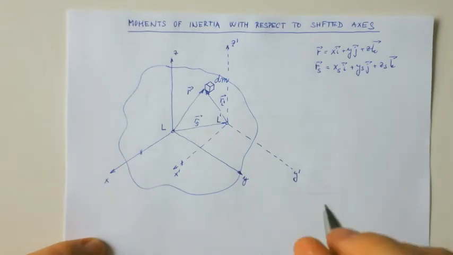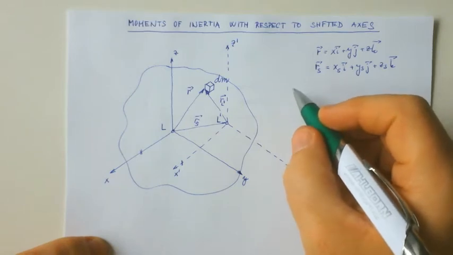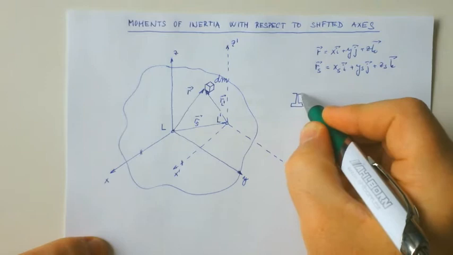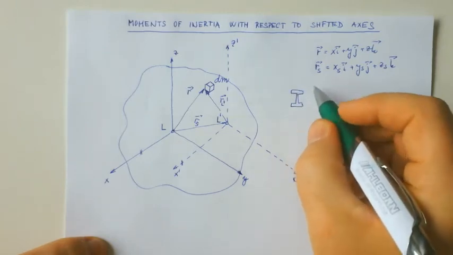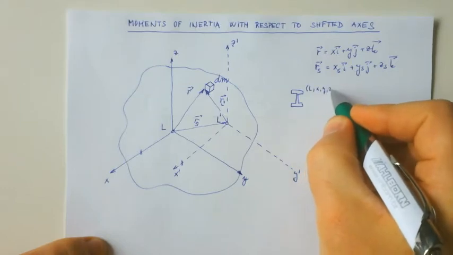And generally we ask the question of how to recalculate the matrix of inertia of the original coordinate system. Originally it was system L, x, y, z.